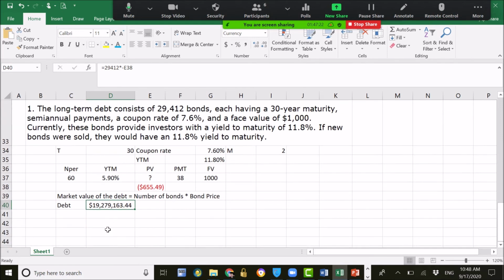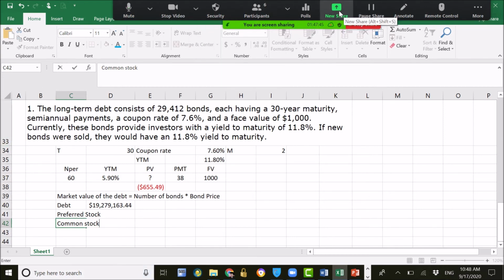Now let's find the preferred stock and common stock. Common stock: if you go back to the question, let me share that information. So the new share.